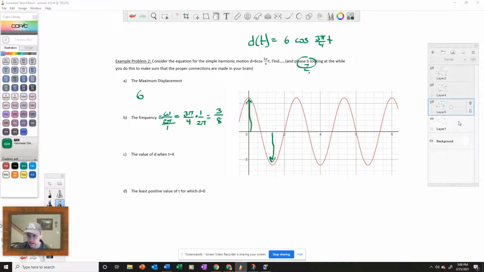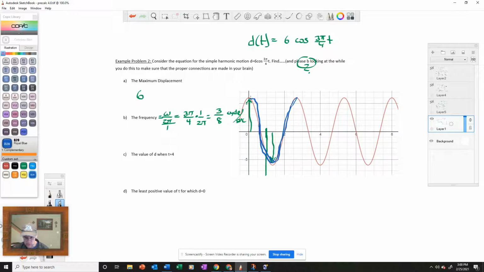So let's see if I actually have 3/8 of a cycle per second. So let's see, 1 second is right here. Sorry about that. 1 second is right here. And I want you guys to notice, this is 1 cycle that I just marked in blue.